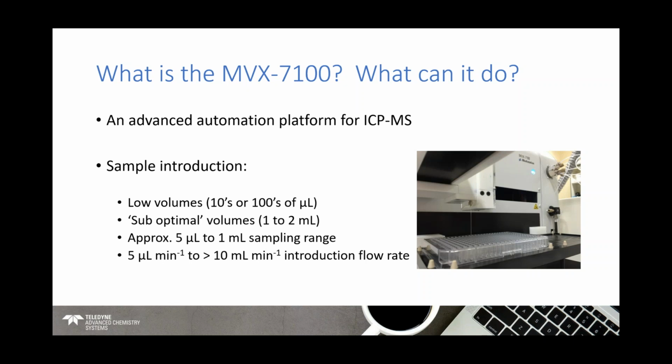I've personally generated data from 2 microliters with a multi-collector system and the MVX, but about 5 microliters up to 1 mL. And with that sample volume, you can introduce it to ICP-MS at pretty much whatever flow rate you want, down to 5 microliters per minute, which is in the total consumption range, up to flow rates far greater than you would ever need for nebulization in ICP-MS.